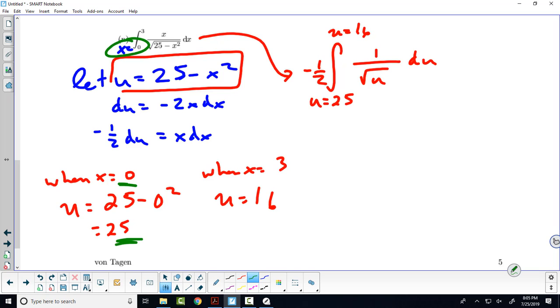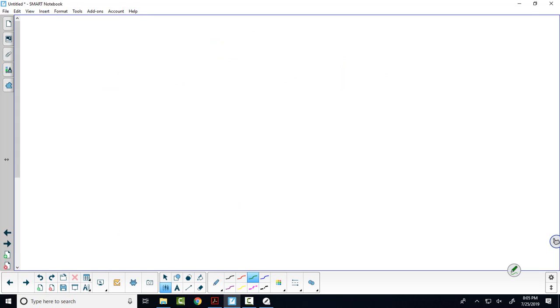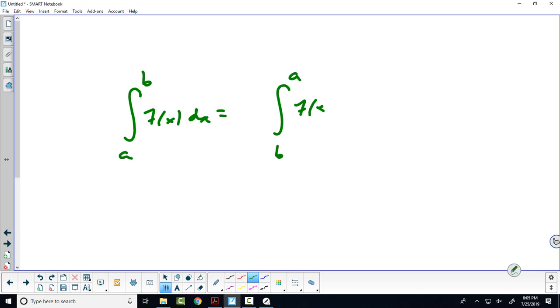Well, never fear. We've got a handy formula. Okay? That's related to if you change the sign on all the delta x's in that Riemann sum, it basically tells us this, that if you have the integral from a to b of f of x dx, you could rewrite this as the integral from b to a. If you want, you could interchange the limits of integration, but you would have to change the sign on the output.